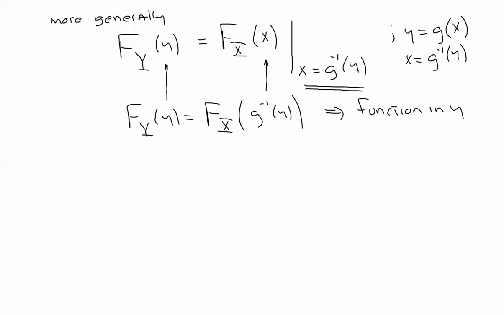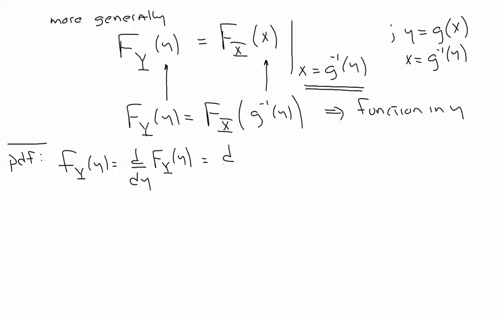All right. What about the PDF? The PDF is found by taking the first derivative of the cumulative distribution function. And now I'm going to apply what I hope you recall as the chain rule.